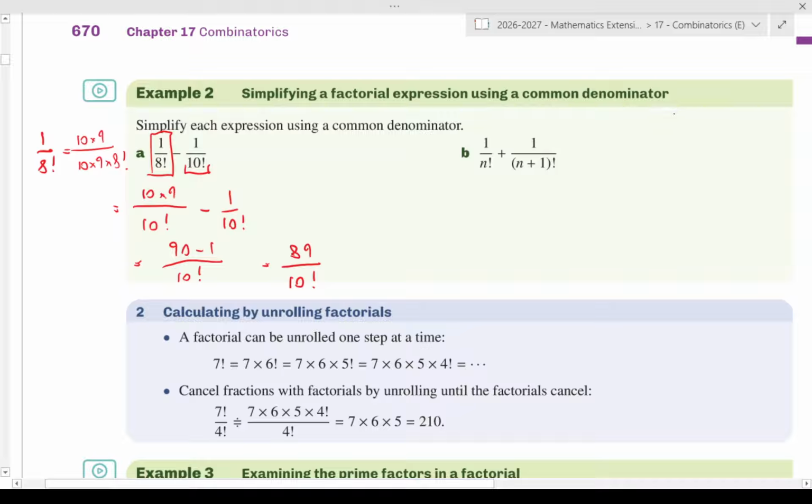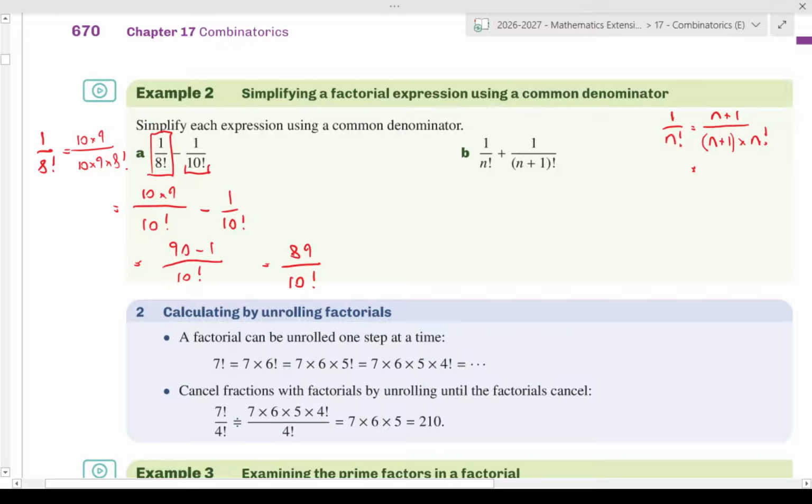So I'm going to write it over this side this time. 1 over n factorial can still be written as n plus 1 over n plus 1 times n factorial. I'll just put that in brackets, and because you can see that n plus 1 over n plus 1 would simplify down to 1 over 1, we've got that.